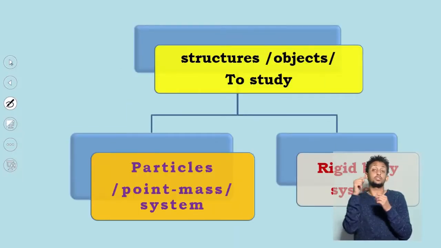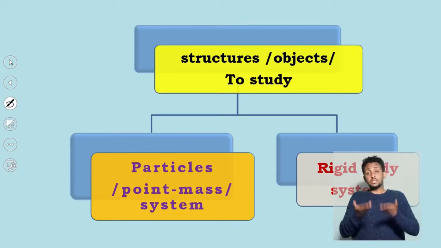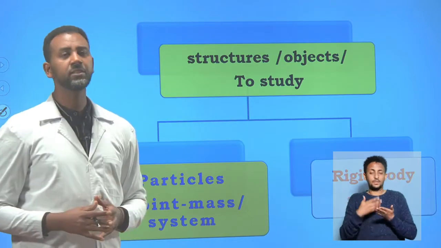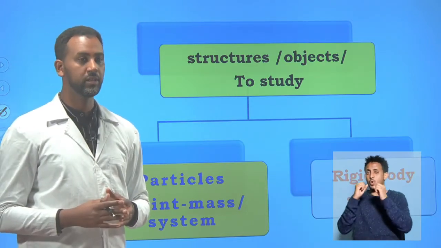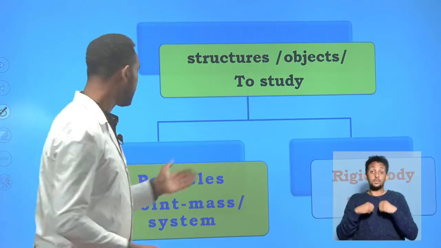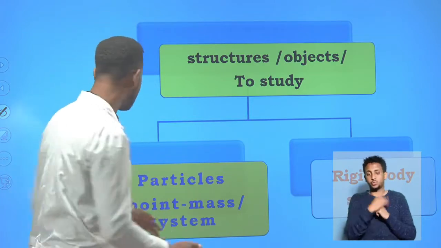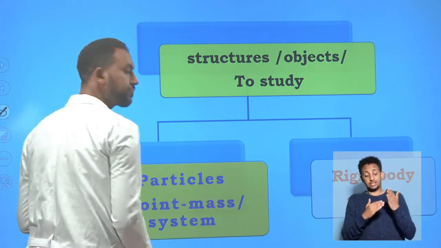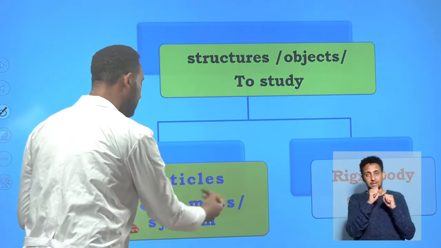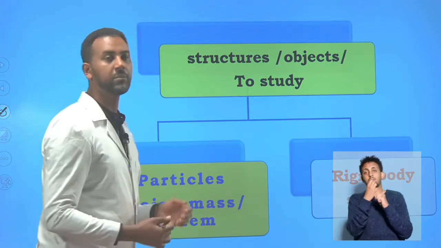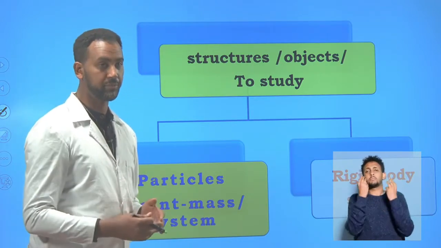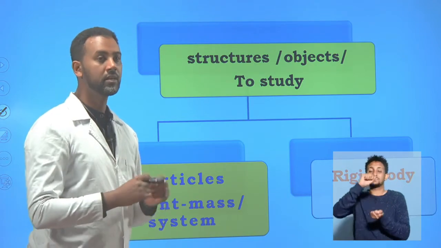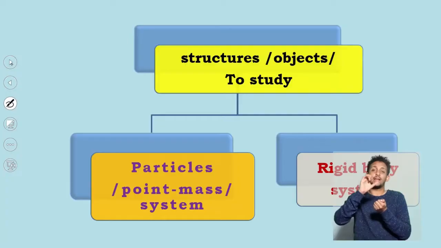The other point we emphasize is the objects that we are going to study. There are different structures or objects to be studied, and these might be categorized into two: the particle system, or point mass system, or sometimes a mass-string or rope system.